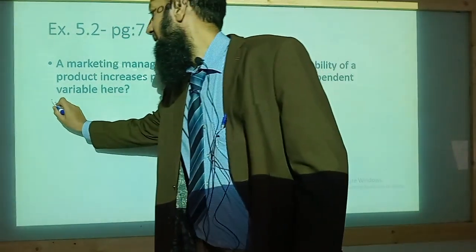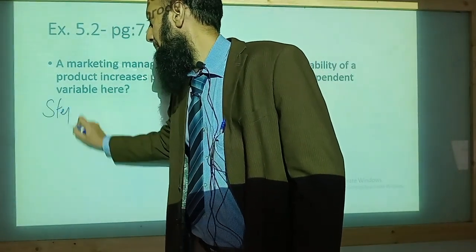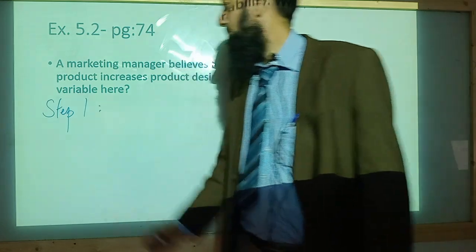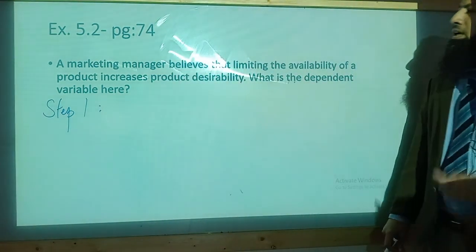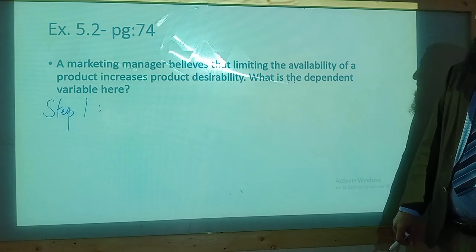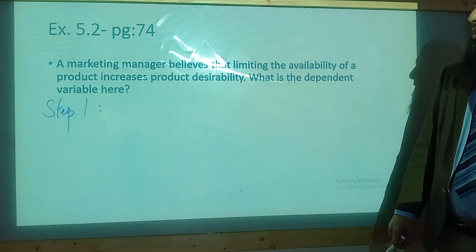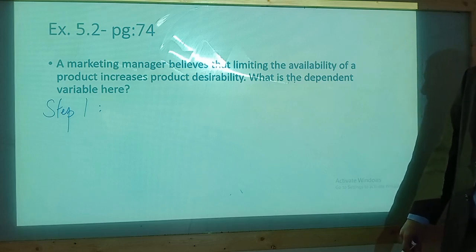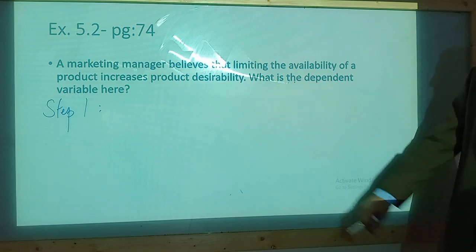Step 1. A marketing manager believes that limiting the availability of a product increases product desirability. What is the dependent variable here? The first step is to take out the variables.